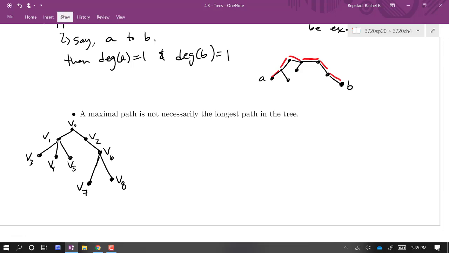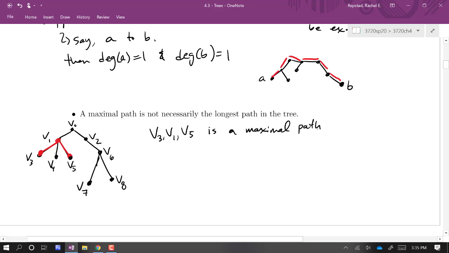So I'm going to draw you a maximal path that is not maximum length. So here's a path, V3 to V1 to V5. That is a maximal path, because it can't be extended on either side. But it's not a path of maximum length.